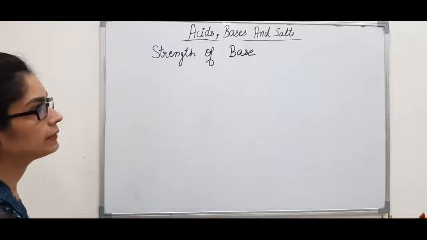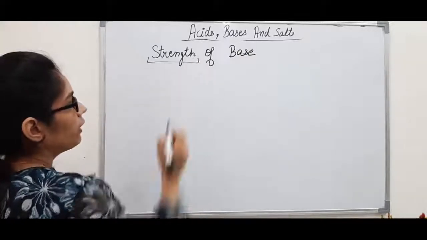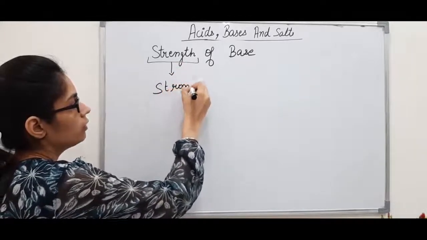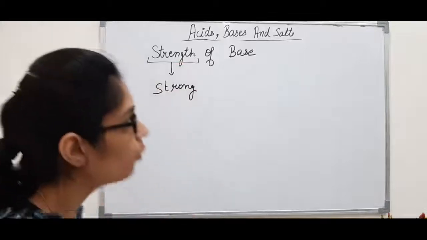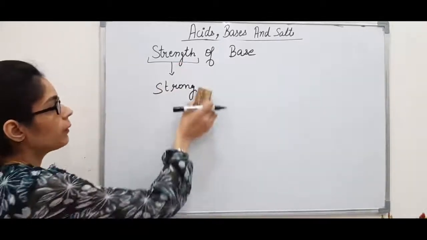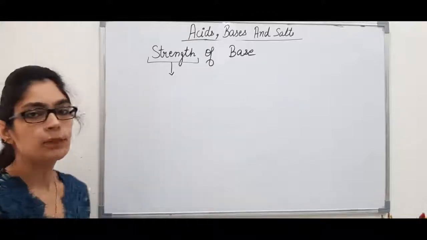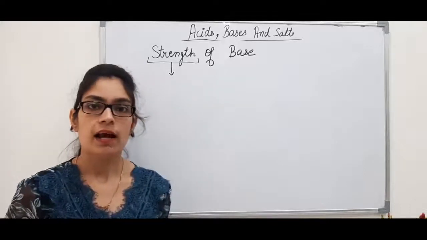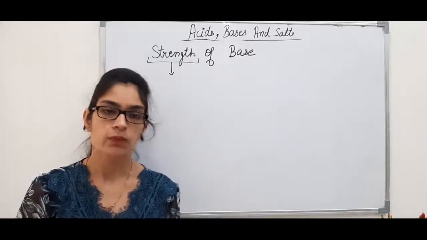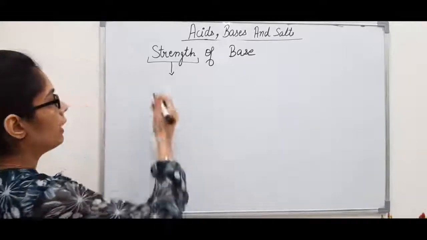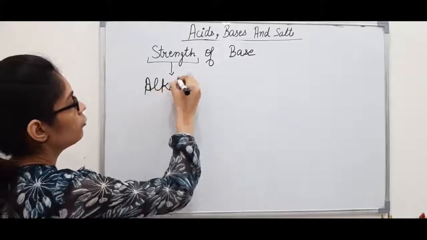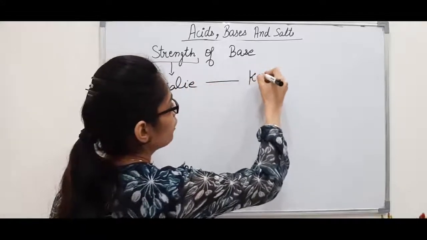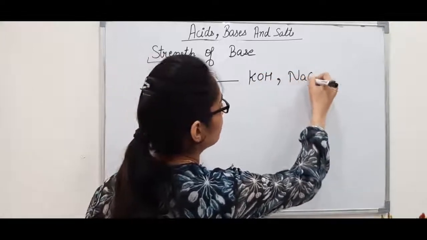Strength of base. So strength, this word suggests strong. So how can we come to know which base is strong or which is weak? First of all, there are very few bases which are strong. Bases are so many, but in this class we are going to study only two bases which come under strong bases, and those are alkalis, which we have discussed in the previous topic, and those bases are potassium hydroxide and sodium hydroxide.